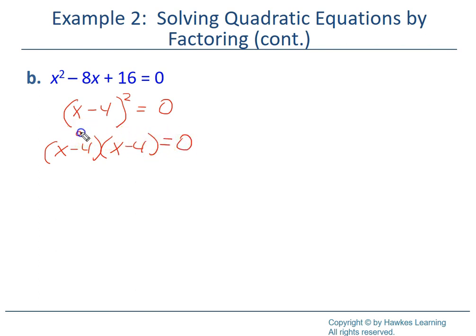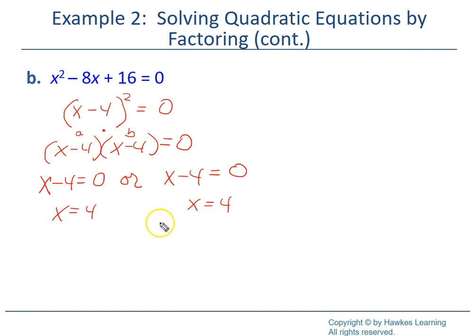Now again, this is our a, and our b happens to be the same, but the technique will be the same. So we get x minus 4 equals 0, or x minus 4 equals 0. We're getting two the same. So here, x equals 4, x equals 4. When the solutions are the same, we only need to write it once.